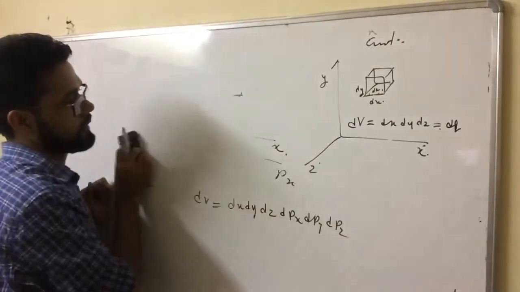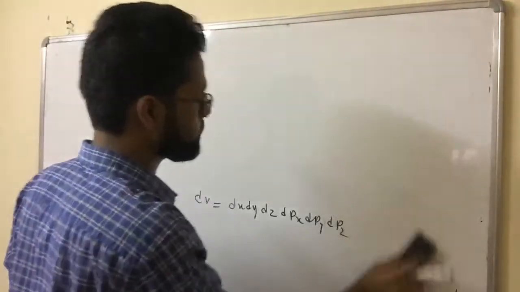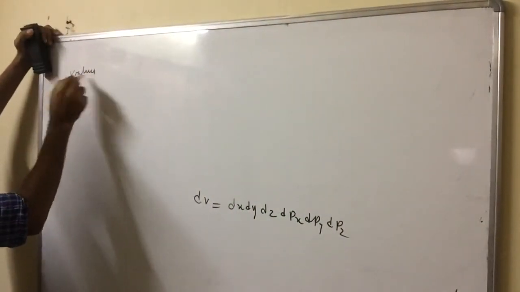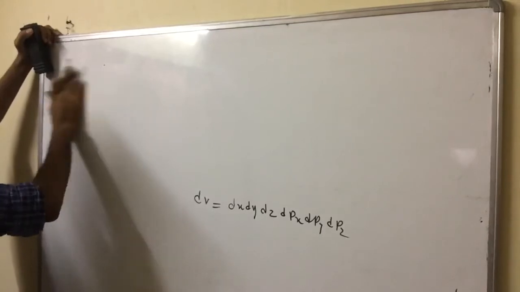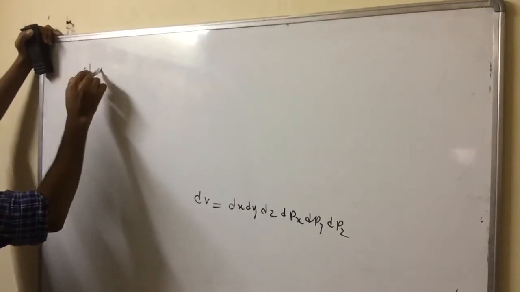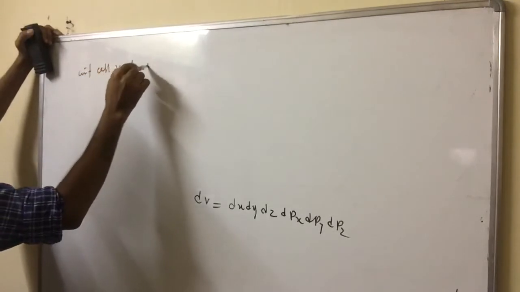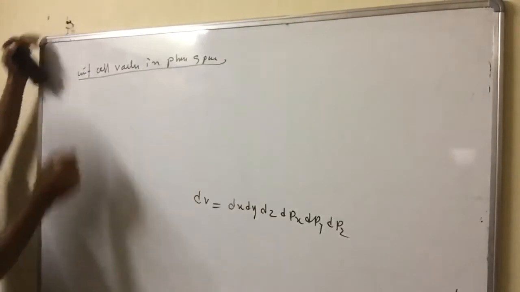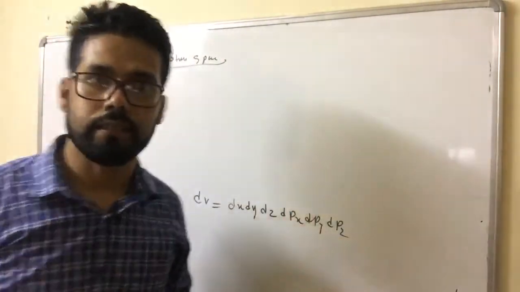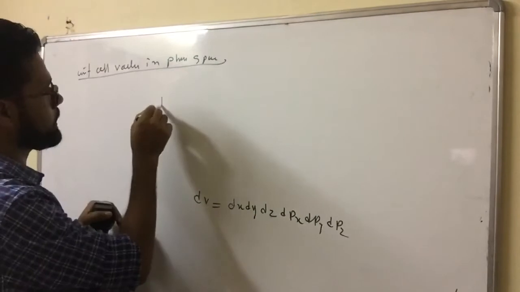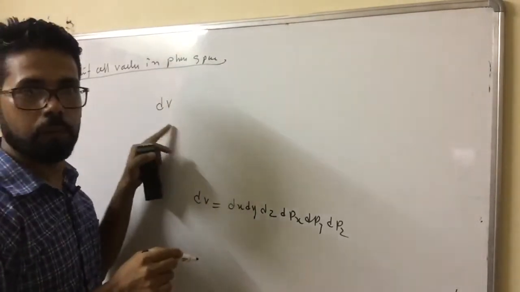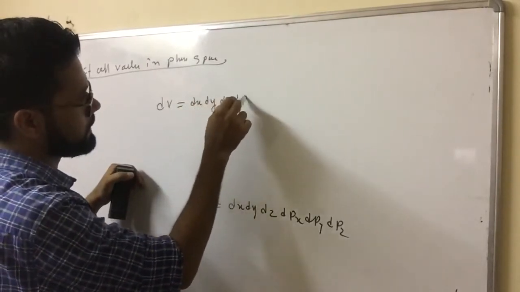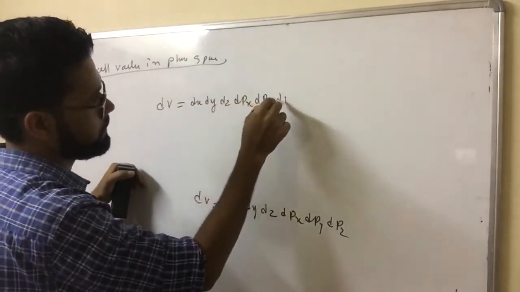Now forget about rectangular space. Now the unit cell volume in phase space is very important, and after that I will finish that part. The unit cell volume is represented by dV, which is dx dy dz dpx dpy dpz.